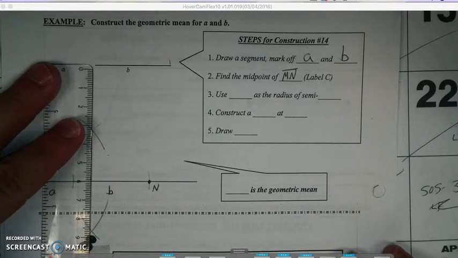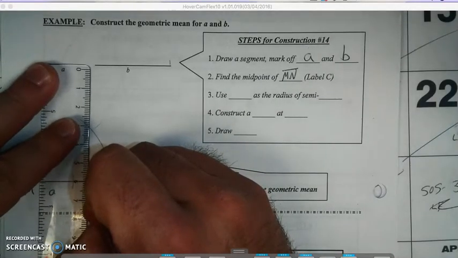So if I line these up, my midpoint is going to be right here.